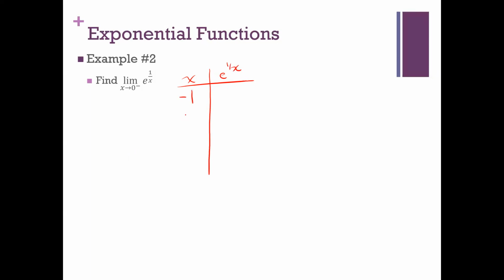-1, -2. Could do -2, but if I already started at -1, -0.5, and I'll do one more. And then I really should do the positive versions of all those, right? Good catch, Alan.